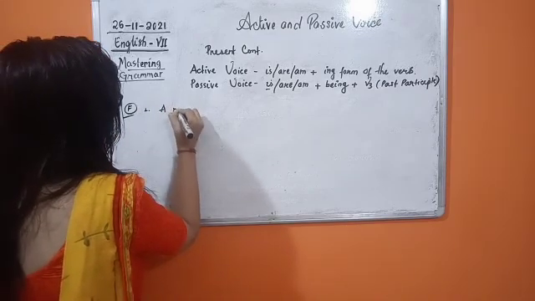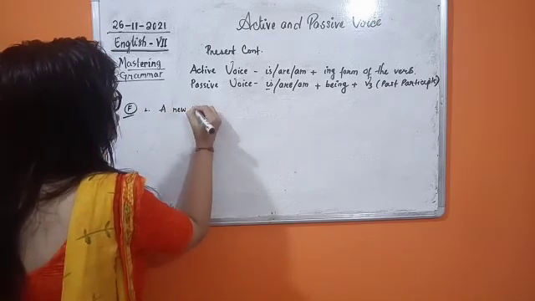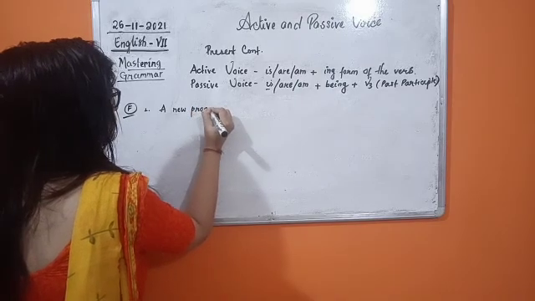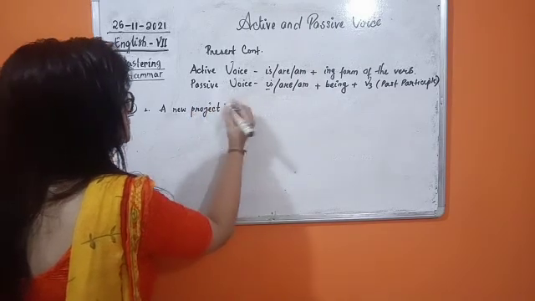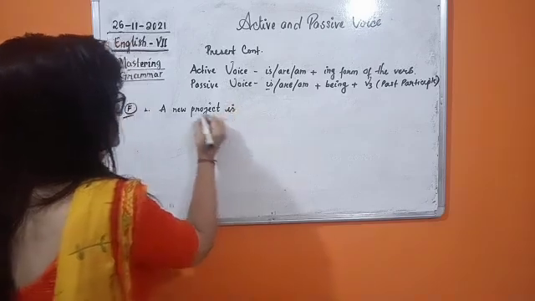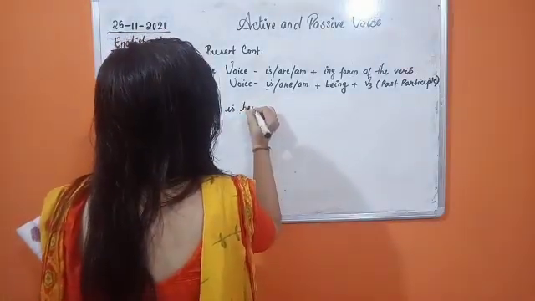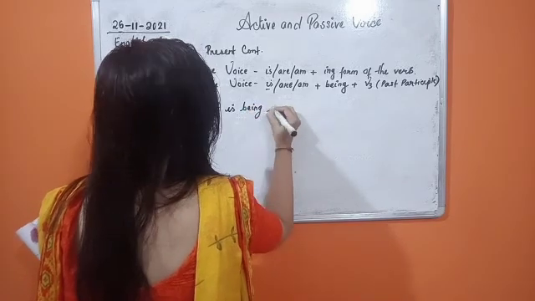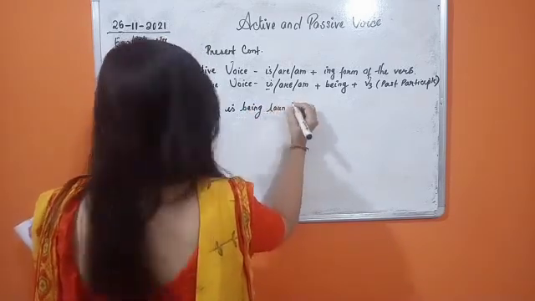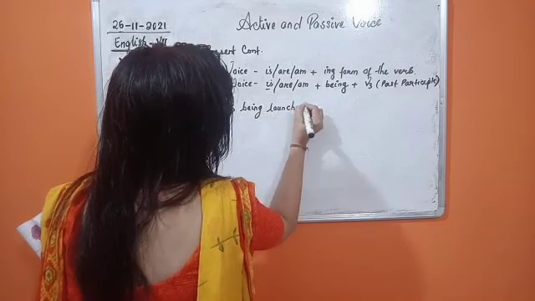A new project, which is the object here. I told you we have to use is because it is singular. A new project is being launched by the company. Yes.